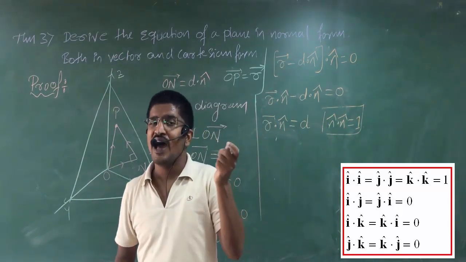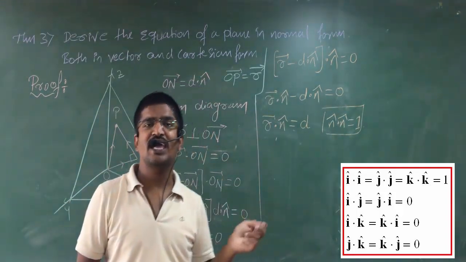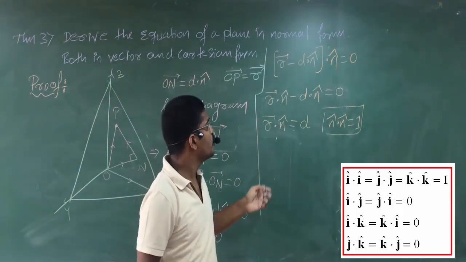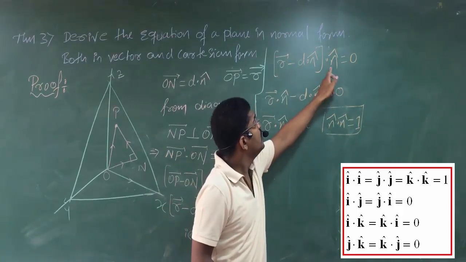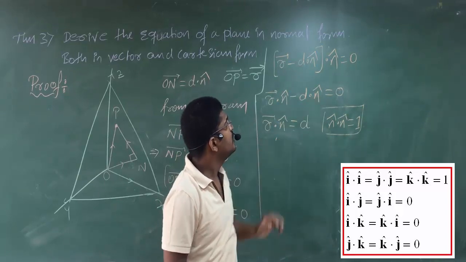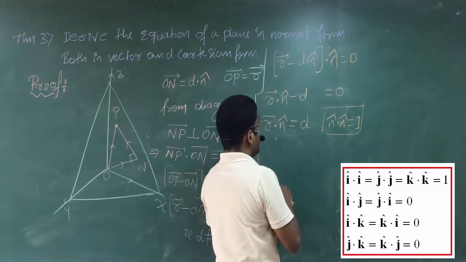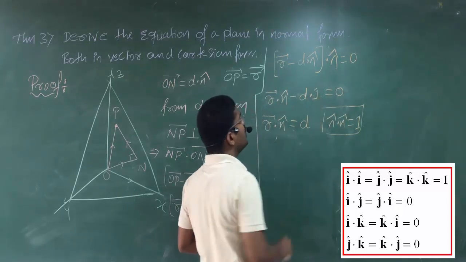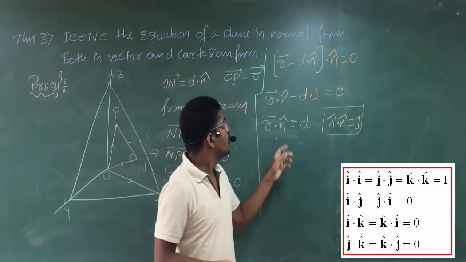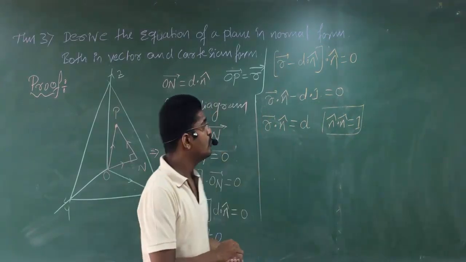As you all know, I cap dot I cap is 1, J cap dot J cap is 1, K cap dot K cap is 1. In the same way, the product of two unit vectors will be equal to 1. Therefore, from this we can say that R dot N cap equal to D.